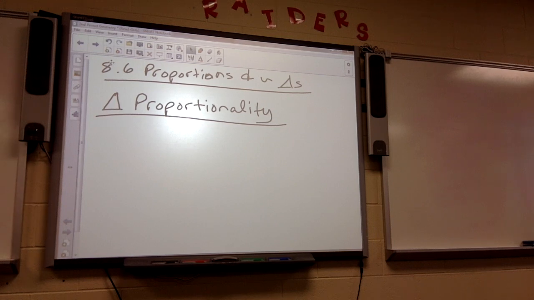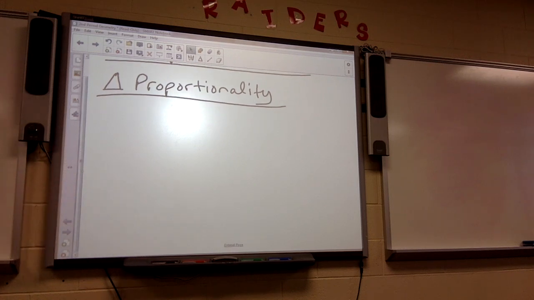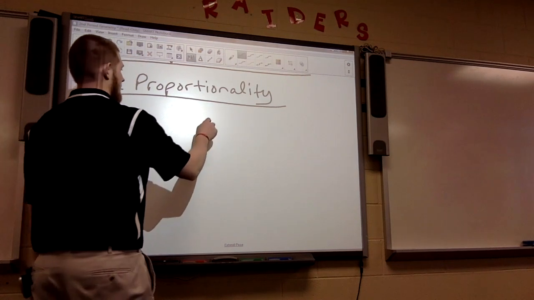Okay, triangle proportionality says if a line parallel to one side of a triangle intersects the other 2 sides, then it divides the 2 sides proportionally. Okay, I'm not going to write that out because I think that's a little bit confusing. And you guys can if you want to, but I do want you for sure to have the diagram. Okay.